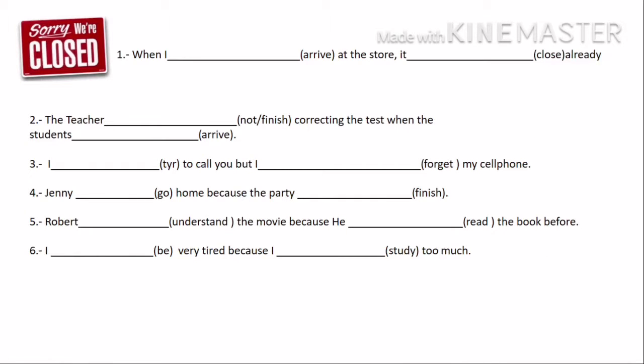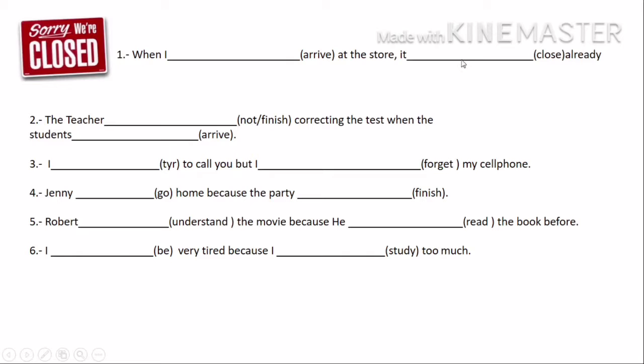Now it's your turn. Practice with these sentences. Please be careful to see in which sentence you're going to use simple past and in which sentence you're going to use past perfect. Remember, the past perfect action is what?